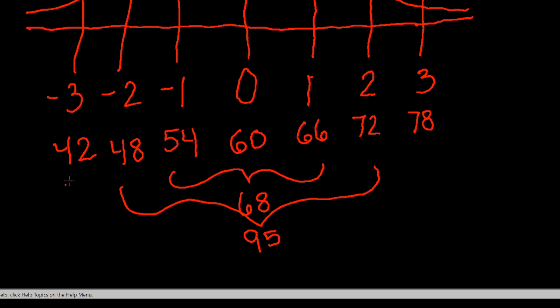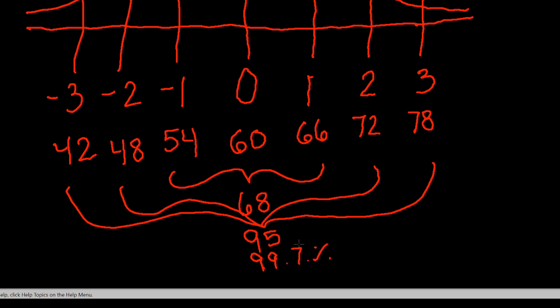And finally, right beyond that, I'm going to try to save a little bit of space here. For all of this would be 99.7%. Add those little percent marks in there as well.